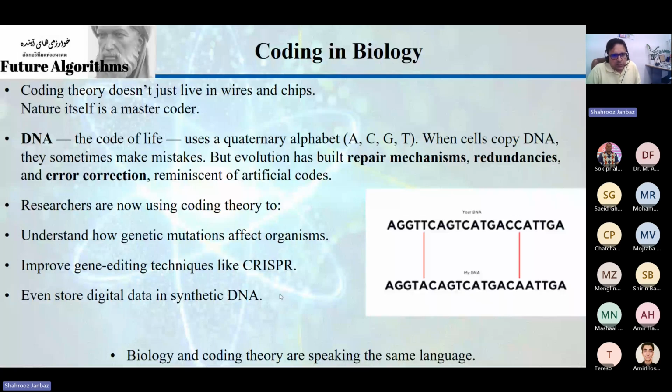So researchers in biology use coding theory to understand how genetic mutation affects organisms, improve gene editing techniques like CRISPR, and even store data in synthetic DNA, which is a very interesting field, DNA computing. And in DNA computing, you need a lot of error correction for the data on the alphabet ACGT.